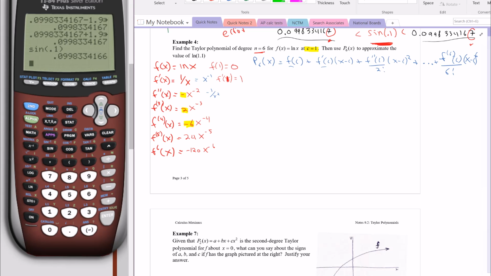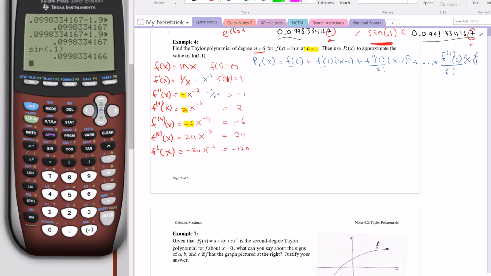So if I plug in 1 to this one, we're going to get negative 1. If I plug in 1 to this one, we're going to get 2. Then negative 6. Then 24. And then 120. If you're not convinced about that, just go ahead and do it so you can make sure that's what you get.